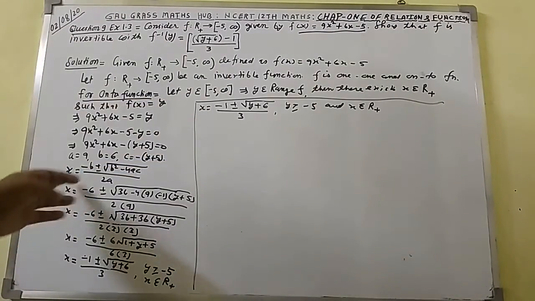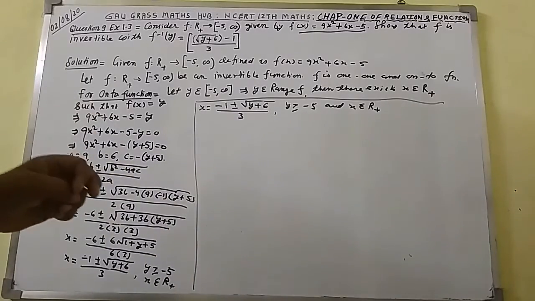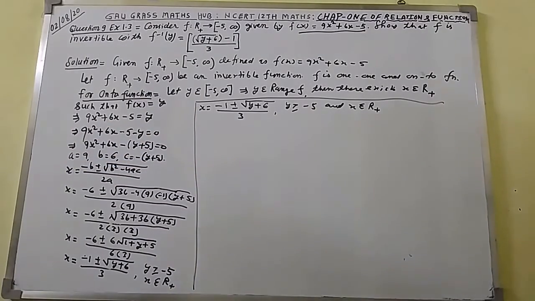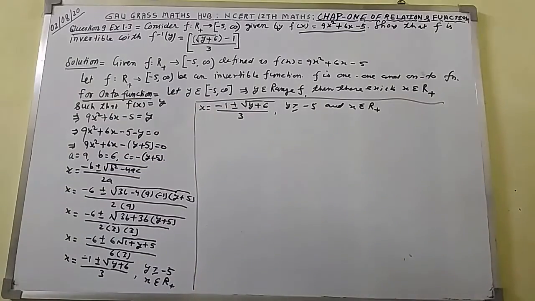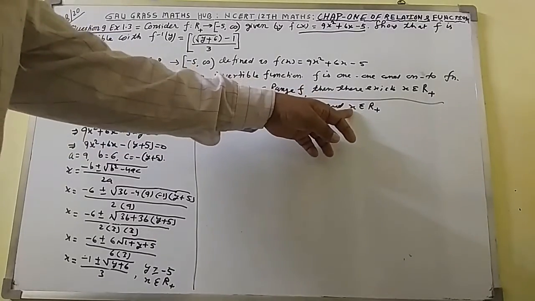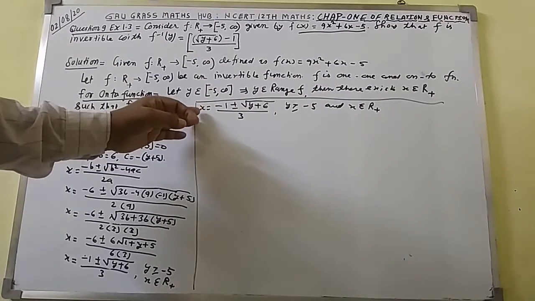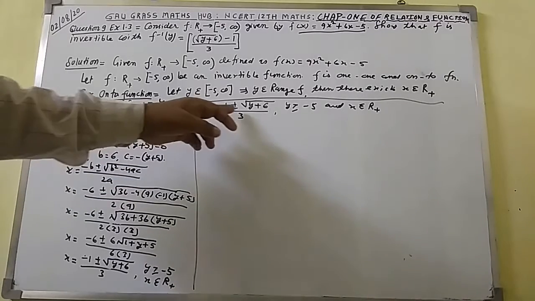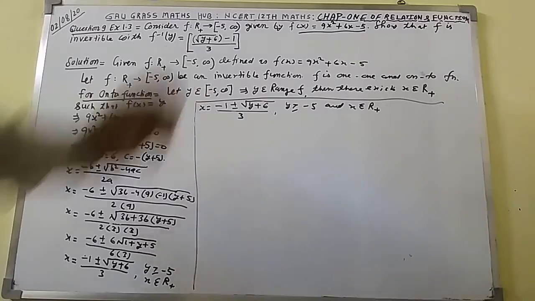Here this is a quadratic equation, so the value of x will have two values, the first value positive, the second value negative. The value of x can't be negative because x belongs to the set of positive real numbers. That's why the negative sign will be omitted.